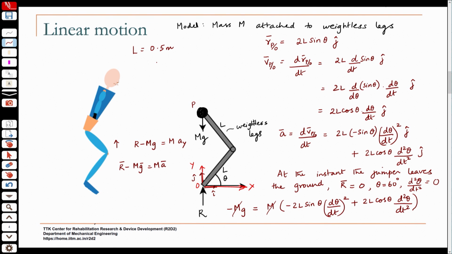So, what do I get for d theta by dt? Can I solve for d theta by dt now? I know theta, I know d square theta by dt square, I know L. Please tell me what d theta by dt is. 3.36.